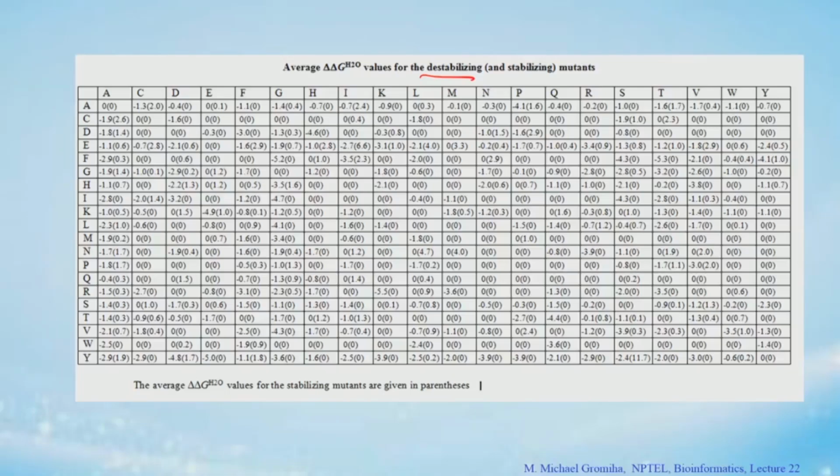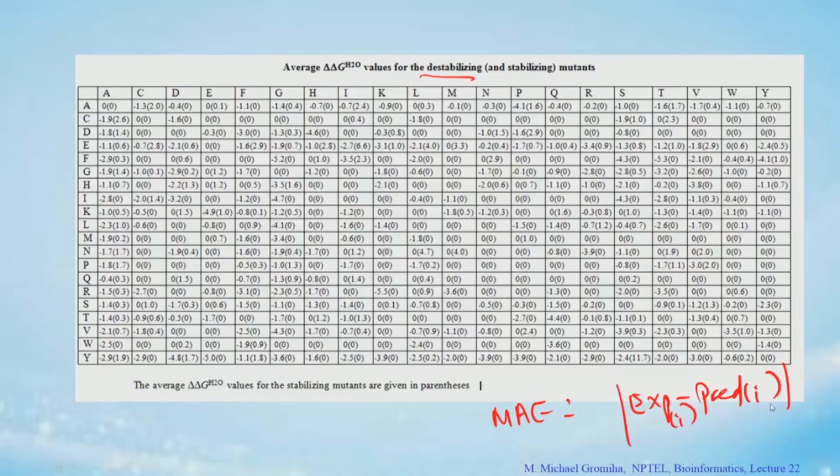So, now if we have a new mutation, for example alanine to valine, you can say this is minus 1.7, because this is the highest value, so put minus 1.7. Then assign all the values and you can calculate the error. Then how to calculate the error? That is experiment minus predicted.